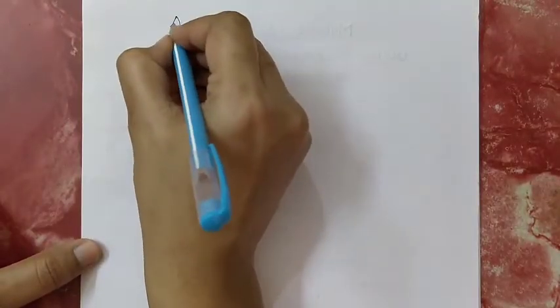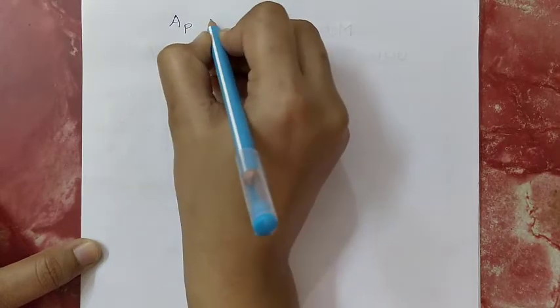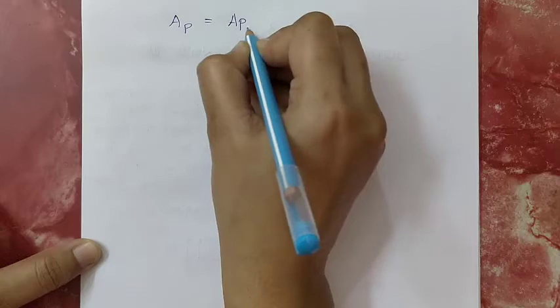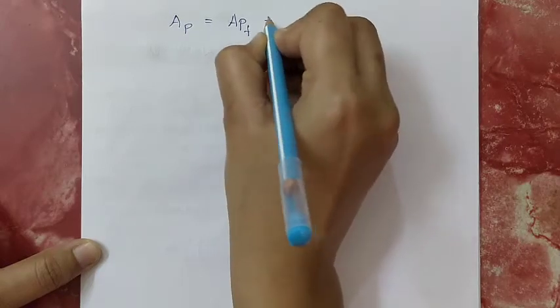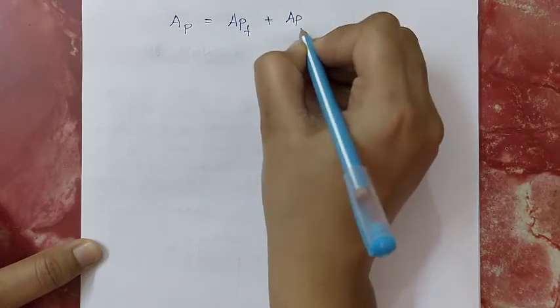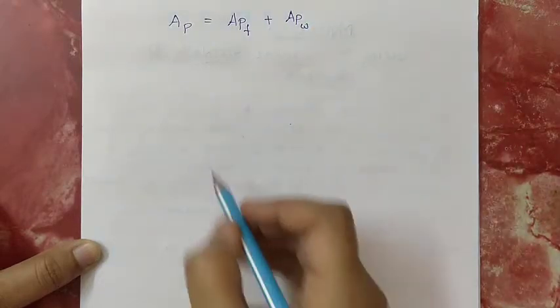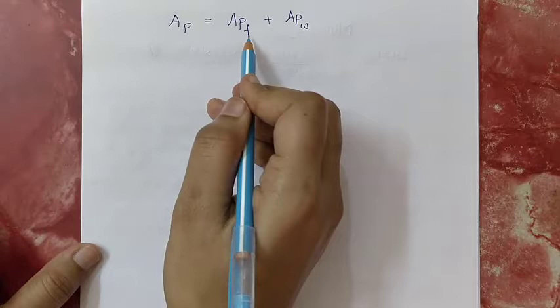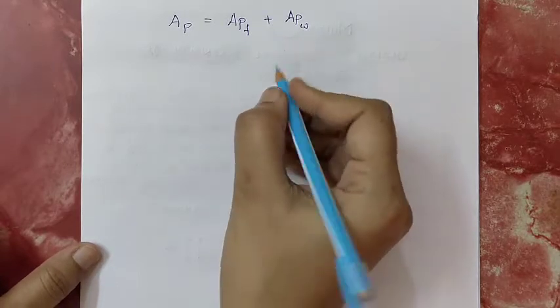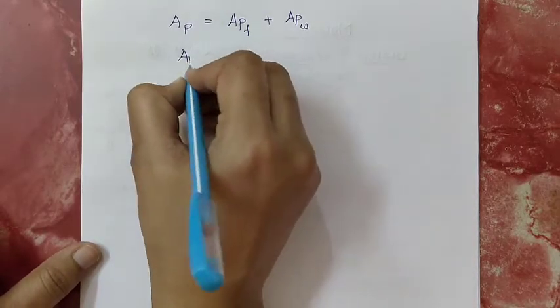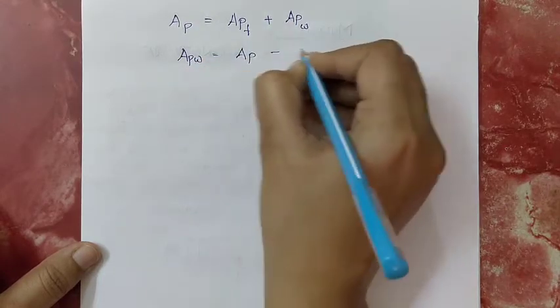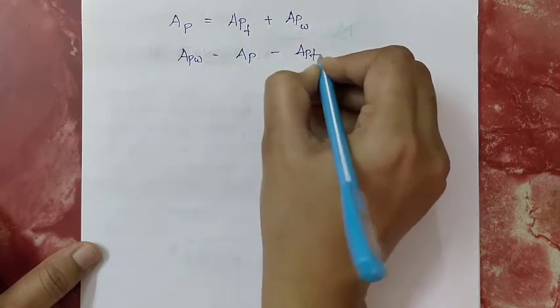Next, you know area of pre-stressing tendon will be equal to area of pre-stressing steel in the flanged portion plus area of pre-stressing steel in the web portion. Area of pre-stressing tendon they have given in the problem, and APF you have calculated. You can calculate APW. Then APW will be equal to AP minus APF.